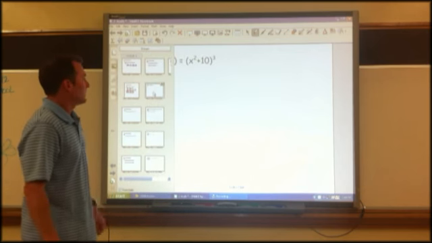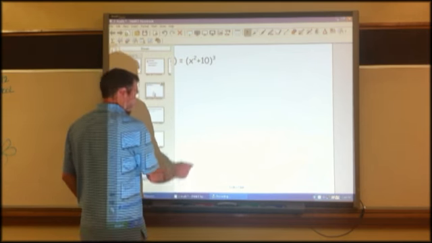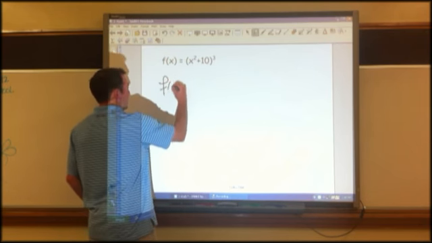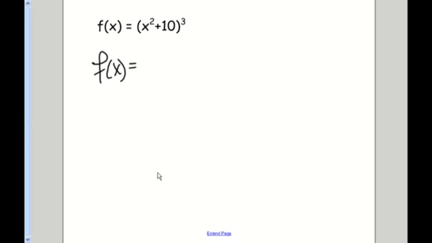Let's look at another one. Very similar. Same idea here. I can rewrite it the same way. f of x is the outside portion cubed. And then on the inside, I've got x squared plus 10.